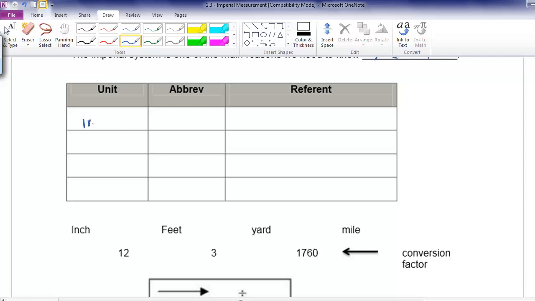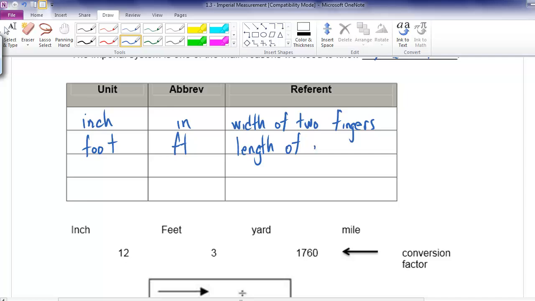The smallest unit is the inch, and I look at the inch as the width of 2 fingers. The foot is the next unit, abbreviated FT, and no surprise, the length of an average foot.